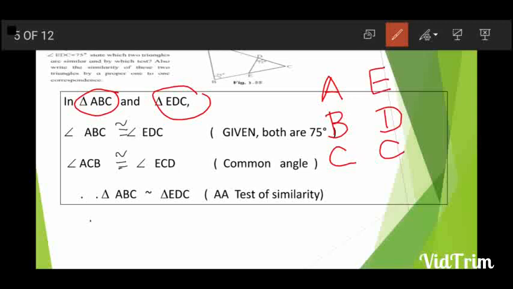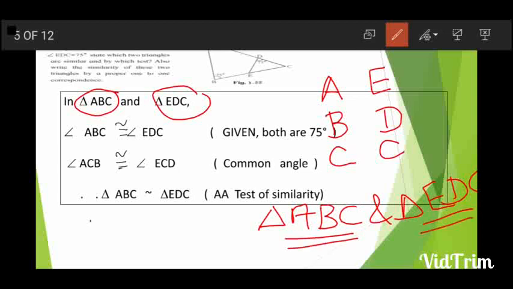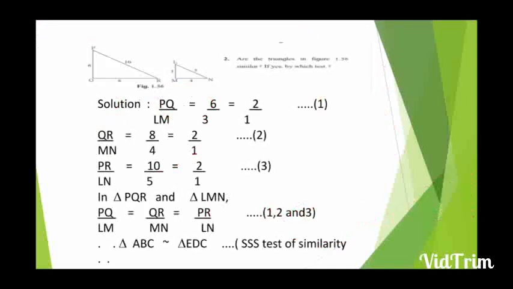So the order should be triangle ABC and triangle EDC. If this order is changed, then the sum will go wrong because we won't be able to write the proportional sides. So be very careful while writing the names of the triangles. So here, since two angles are congruent, we can write that the two triangles are similar by the AA test of similarity. Now let's go to the next sum.